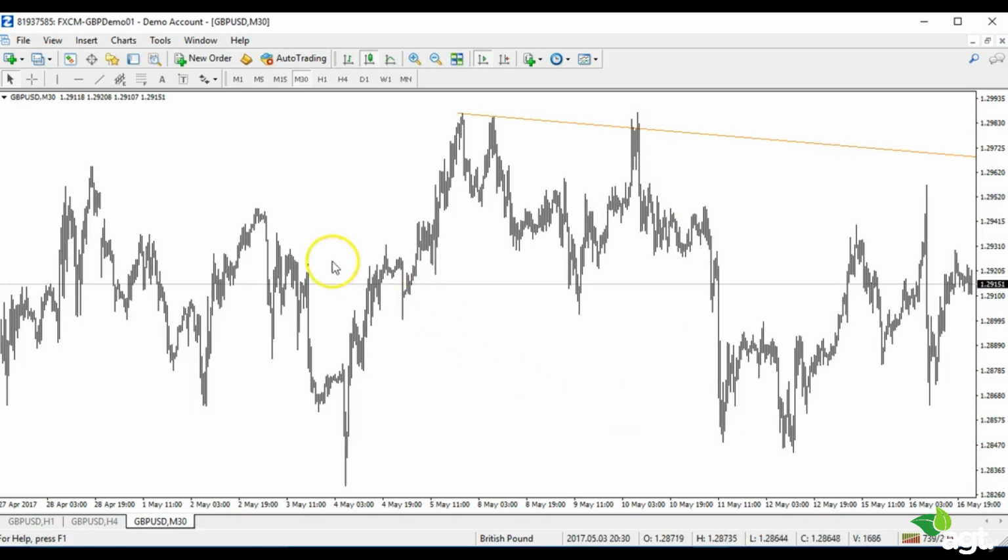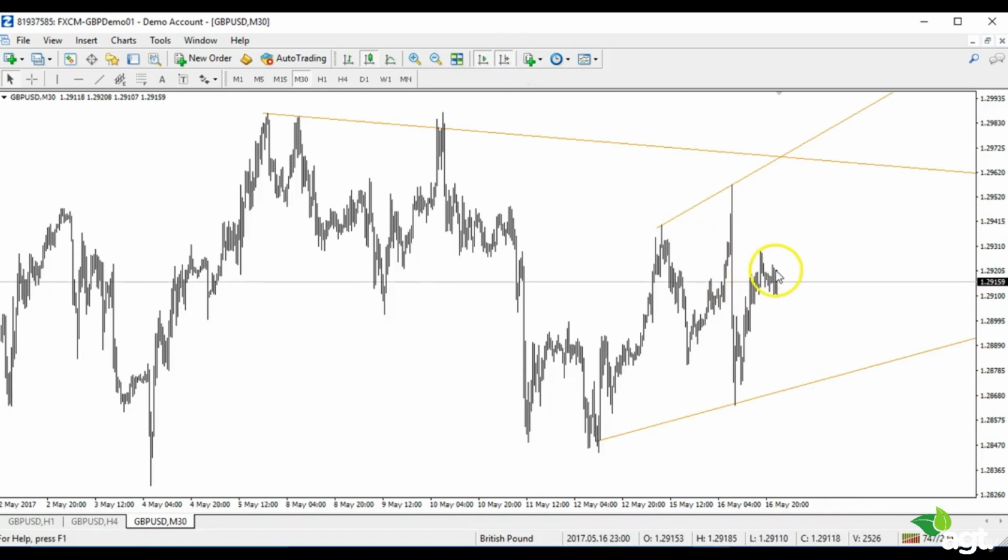If I do a line there, okay, and a line there, what we can see is that there is a channel beginning, okay?